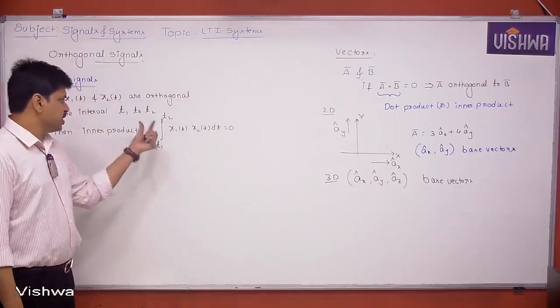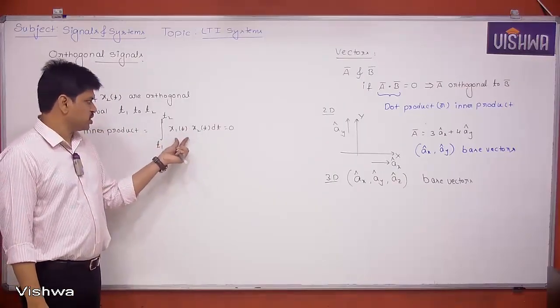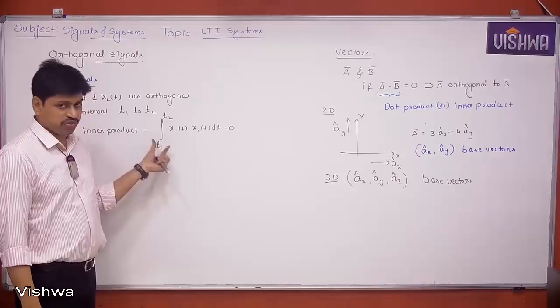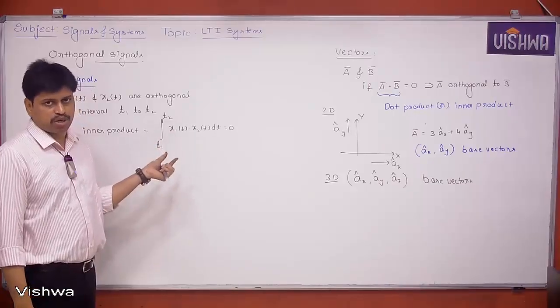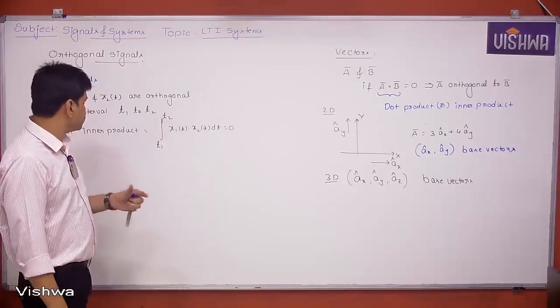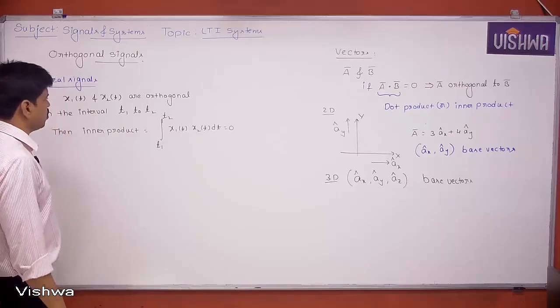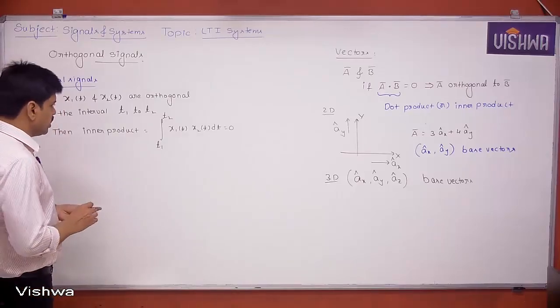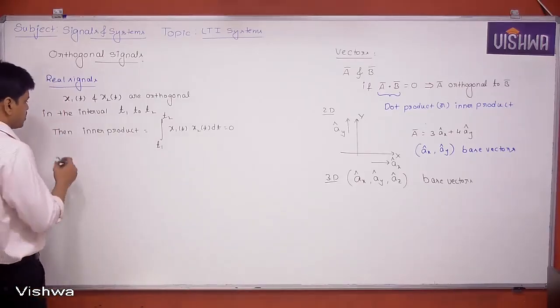So this integration, multiplication of two signals, integration from t1 to t2, is called the inner product. If this inner product is equal to 0, then we can say x1 of t and x2 of t are orthogonal. In a similar manner, suppose it is complex signals.